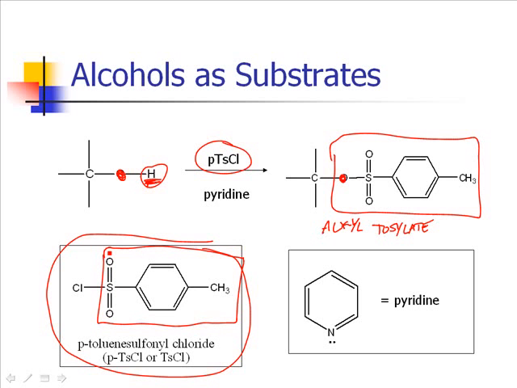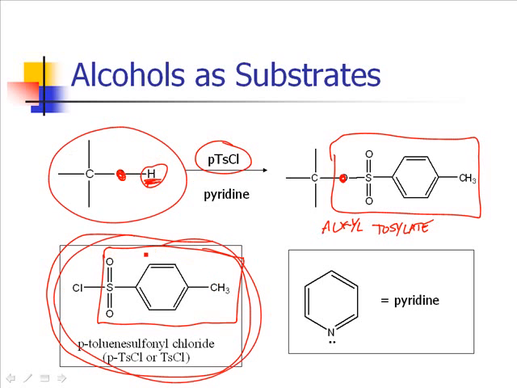The species that's being lost when an alcohol reacts with the para-toluene sulfonyl chloride molecule is a molecule of H and Cl, or hydrochloric acid.